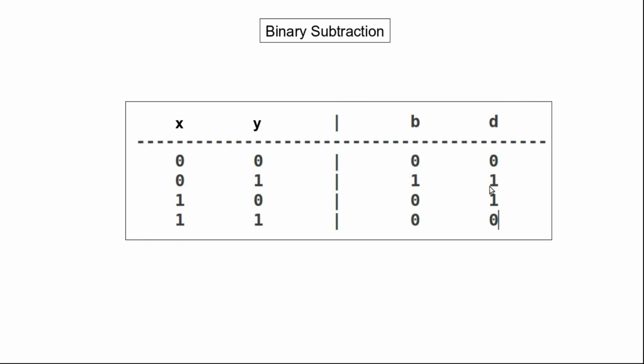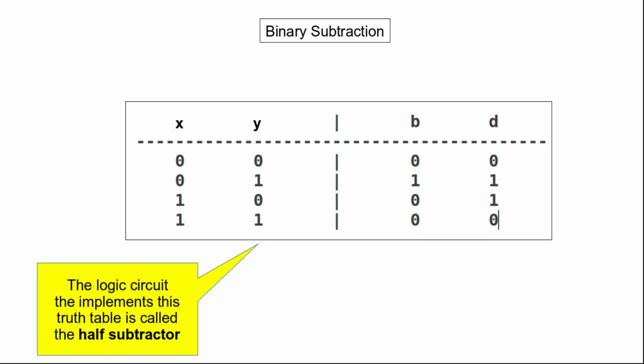So here is the truth table for binary subtraction, and the logic circuit that implements this truth table is called the half subtractor. In the lab class today, we will try to implement the logic circuit for this truth table.